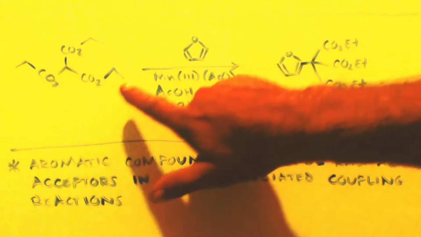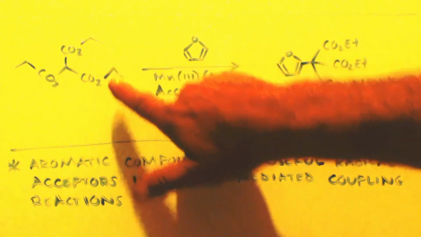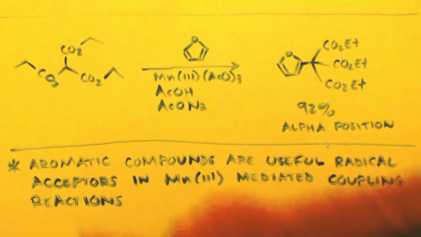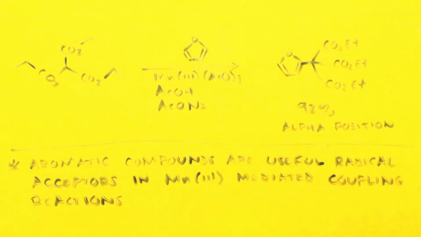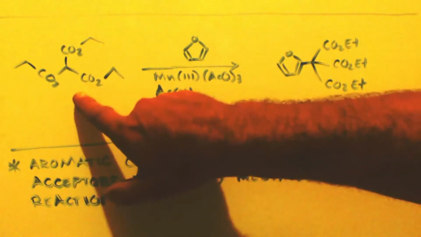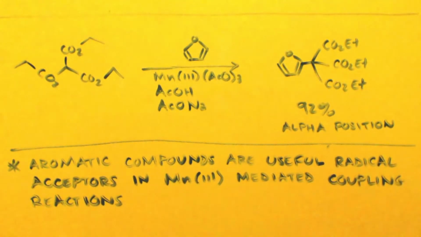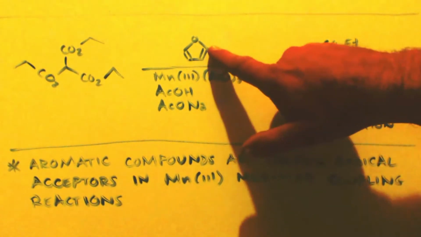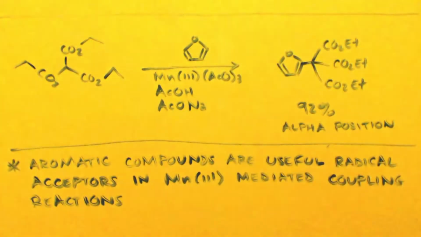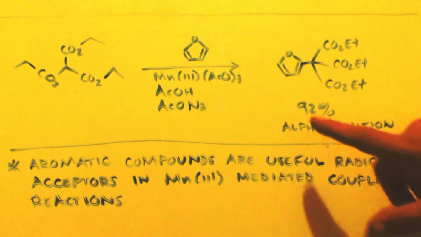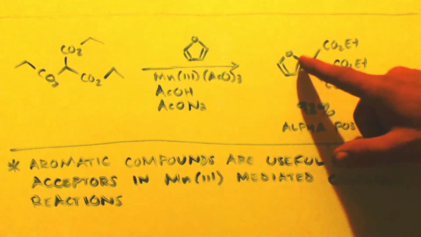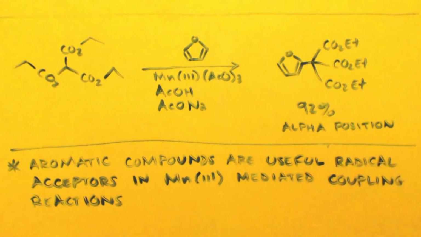You can see instead of a ketone, it uses an ester as the carbonyl compound. And you can see it gets 92%. This is the aromatic compound it gives an example of. It's 100% alpha position, you get a 92% yield.